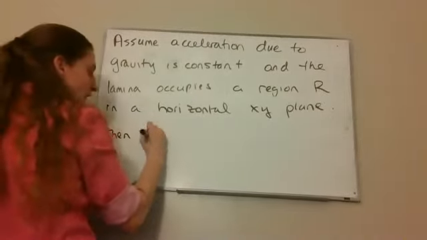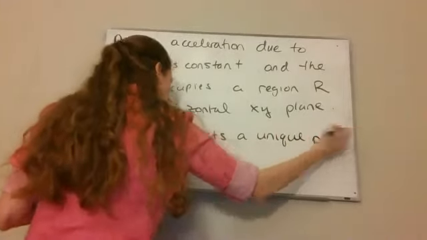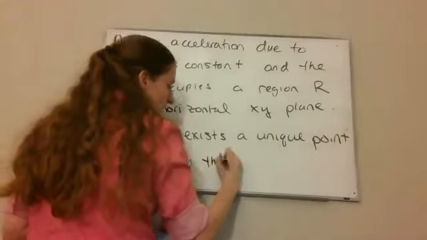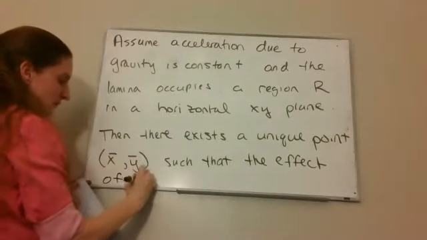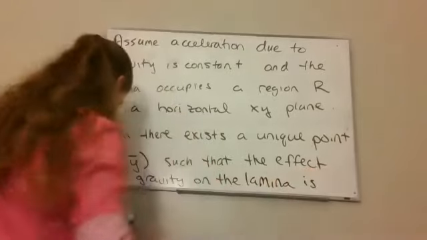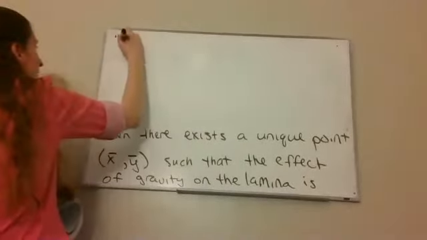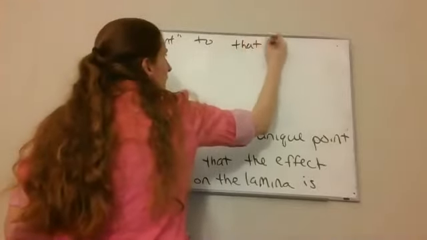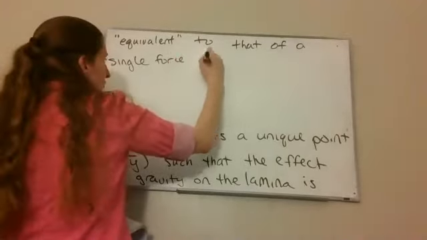Then there exists a unique point, which we call x bar, y bar, such that the effect of gravity on the lamina is equivalent to that of a single force acting on that point.